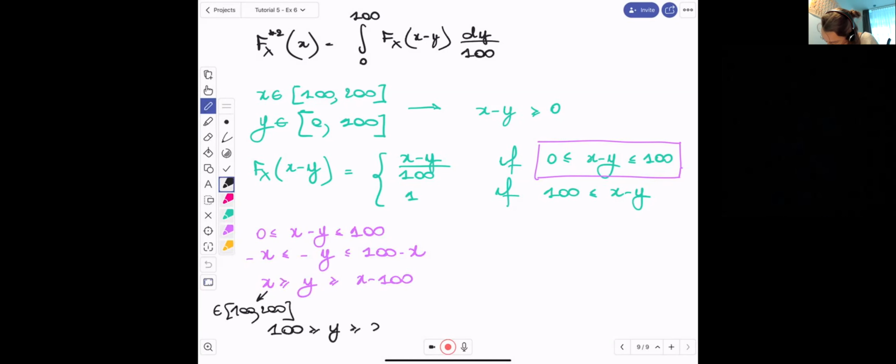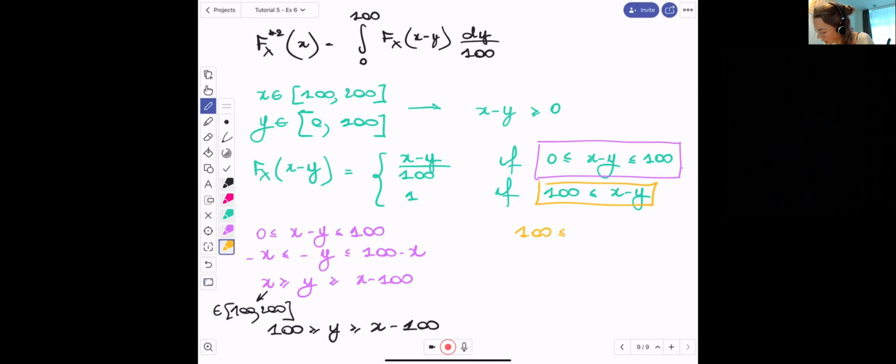So if y is in between x minus 100 and 100, we can use this part of our cumulative distribution function: evaluated in x minus y, it's equal to x minus y divided by 100.